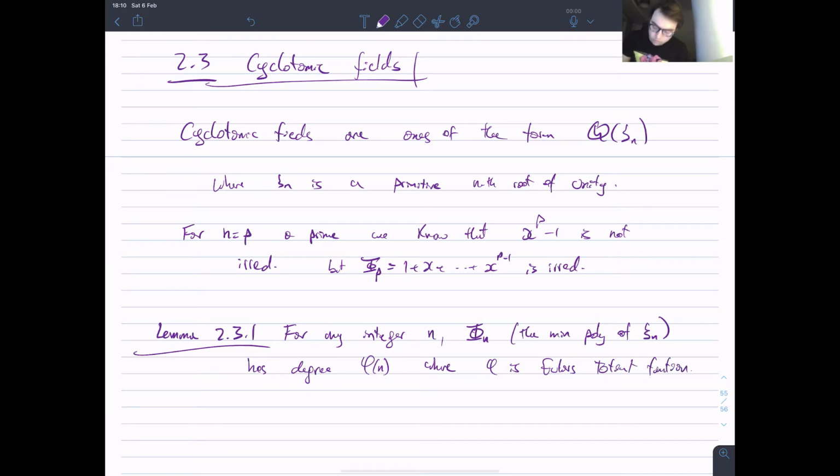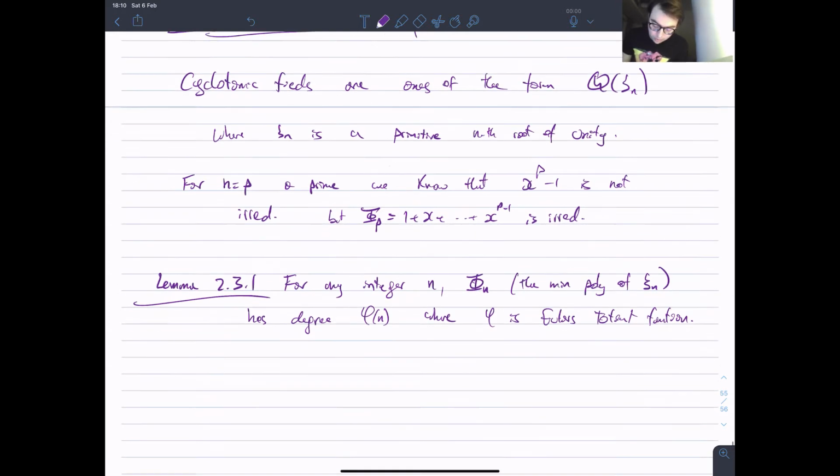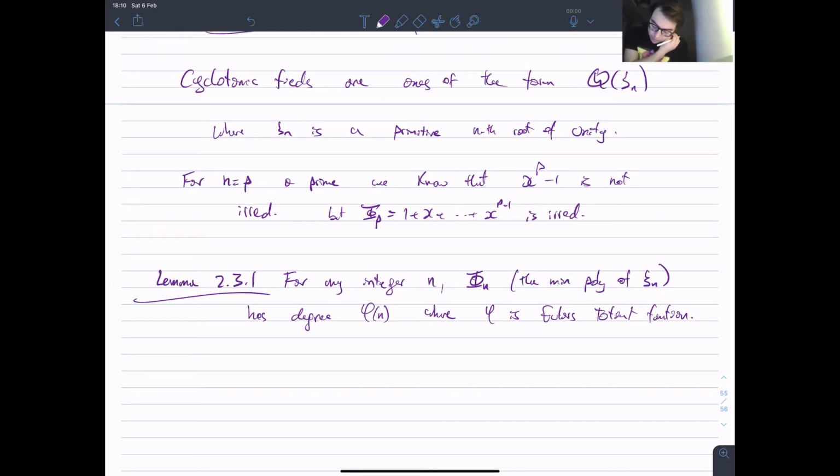You'll remember this from the number theory course. phi(n) is the number of integers less than n that are coprime to n. I've not told you how to find the minimal polynomial of a general nth root of unity, but I've told you what the degree is.